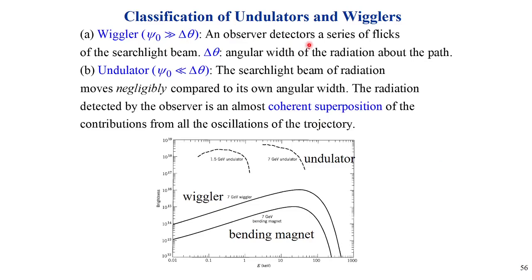An observer detects a series of flicks of the searchlight. That is, this kind of motion is very large. Delta theta is the angular width of the radiation about the path. On the other hand, for an undulator, the angle is small. The searchlight beam of radiation moves negligibly compared to its own angular width.